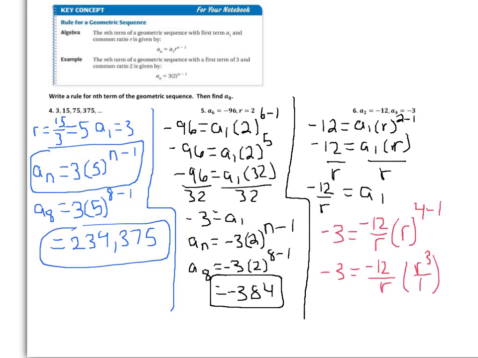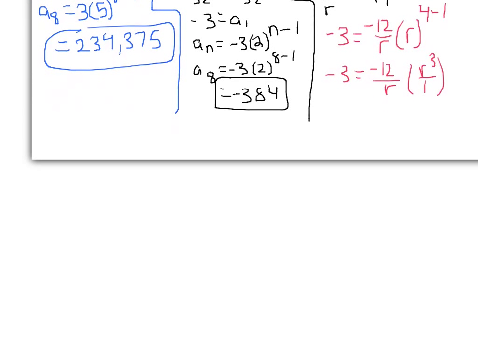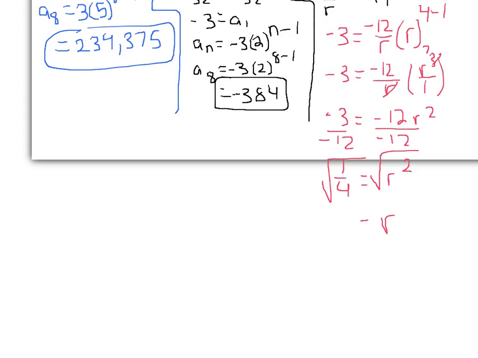Okay. So, negative 3 equals negative 12 r squared, because that cancels one of those. Divide by the negative 12. You get 1/4 equals r squared. Square root it. You get the common ratio: square root of 1 is 1, square root of 4 is 2. Okay, so now we have our common ratio.